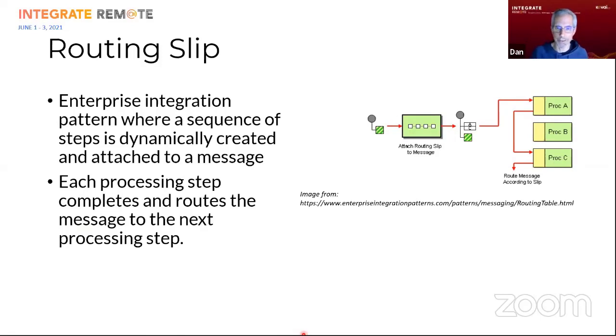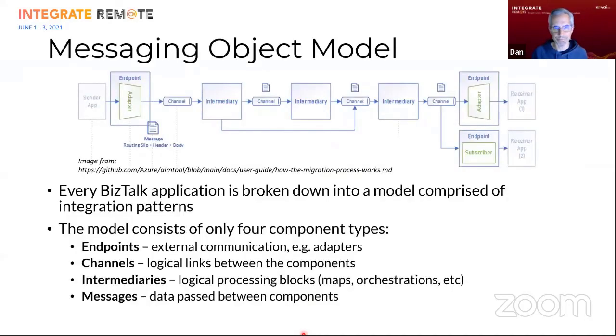It will determine what components that message needs to travel through in its integration path, and then generates a routing slip which goes along with that message and basically is used to route it to all the components that it needs to go to. And this is the pattern that the tool will implement when it translates the solution to Azure.